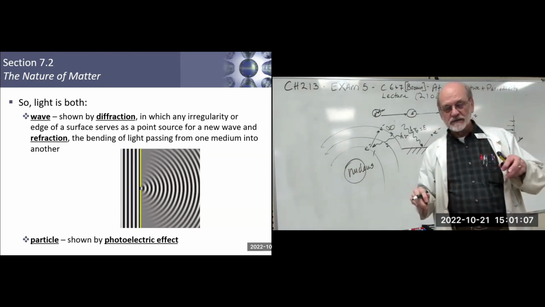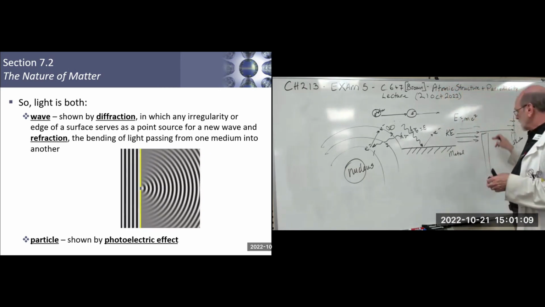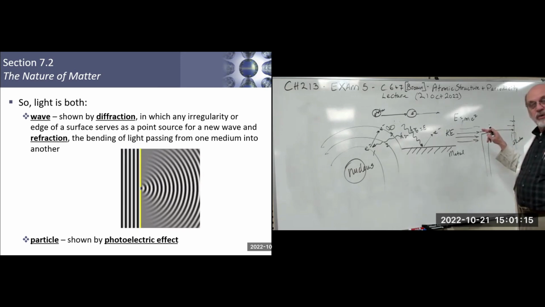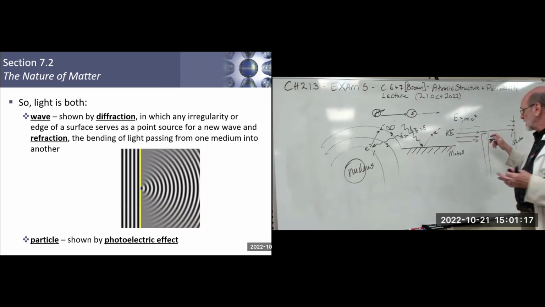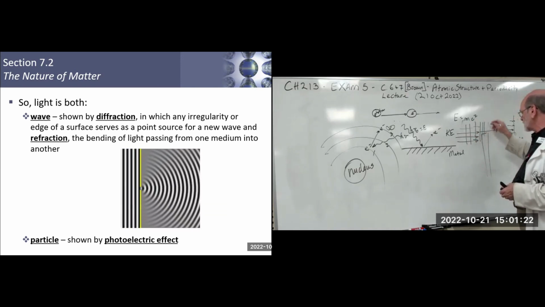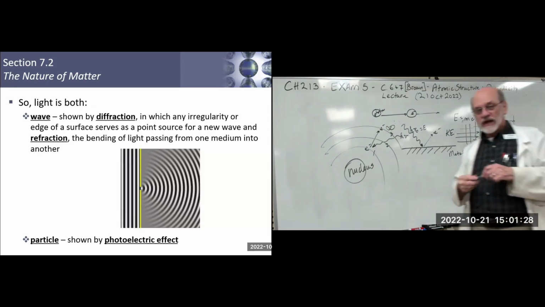But it's not. What happens is this edge serves as a point source for a wave. So light's coming along here as a wave, and when it strikes this and gets to that edge, it starts propagating from that edge like a wave.